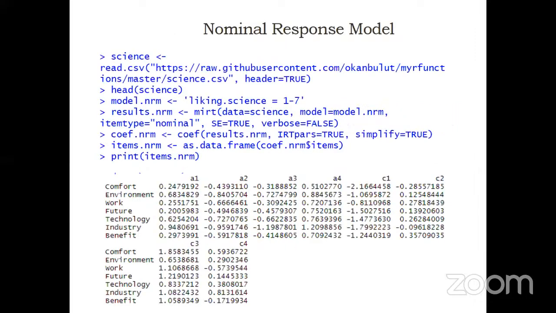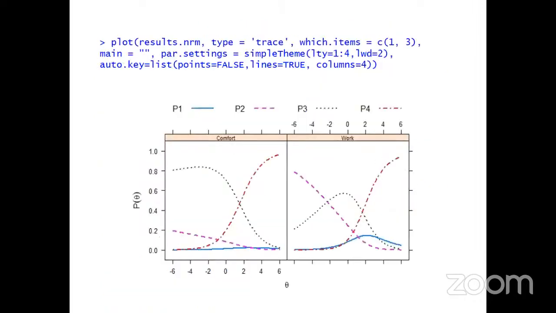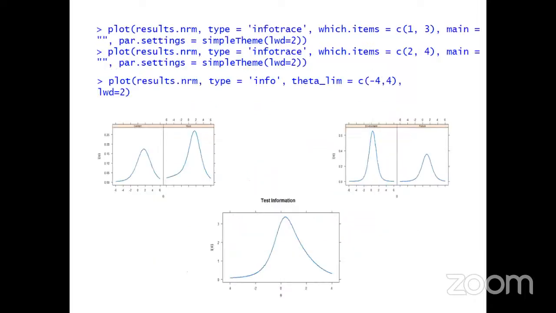The outputs are similar, but the interpretations are a little different, where we focus on the slopes and the intercepts instead of the boundaries and the extremities. So you get curves like this, but these are not essentially the same as the item characteristic curve that we discussed earlier, right?